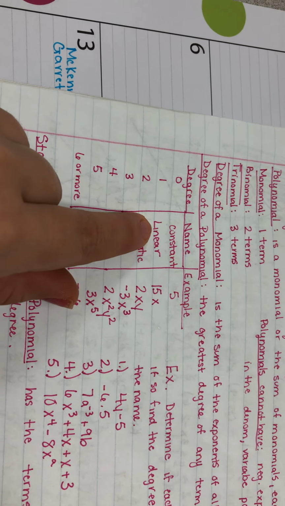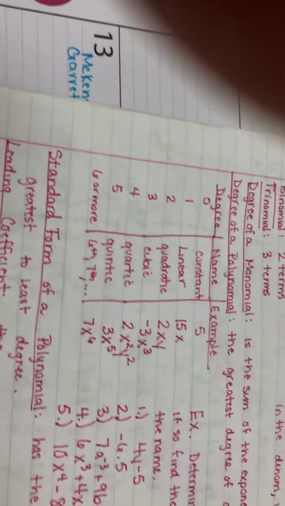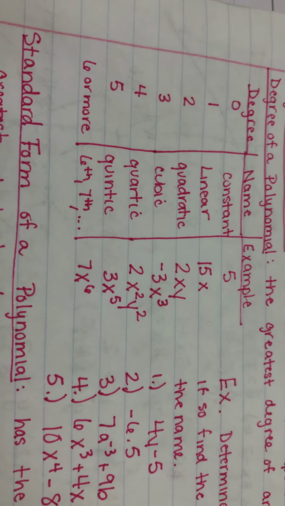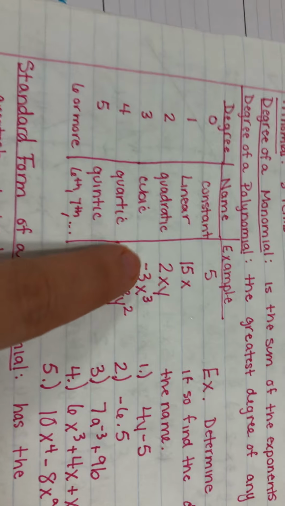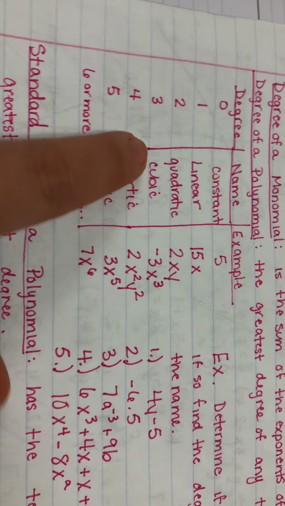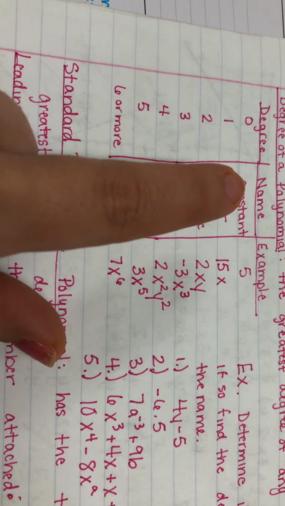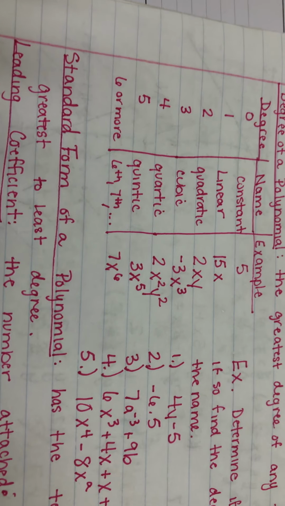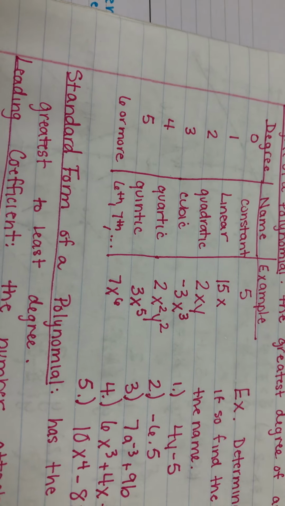So we call it a linear monomial because this only has one term. Next one, if the degree is 2, like the thing we did, 2xy, then it's quadratic, so you call that a quadratic monomial. These are all monomials because I didn't put any addition or subtraction in them.